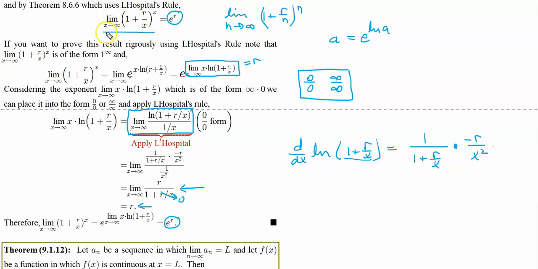So basically these two limits here and here are making the same statement, except in this one, the n's are relegated to the integers.